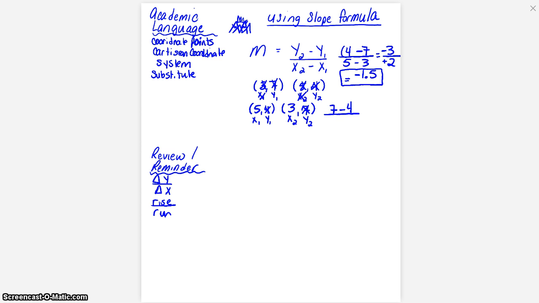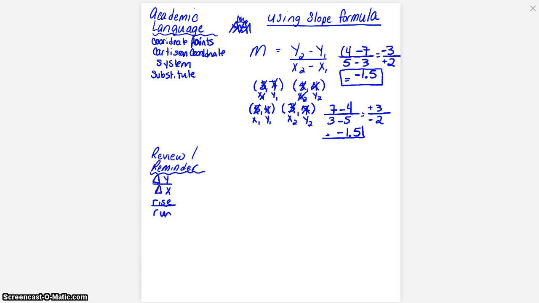Over, and this time since I started with 7, my y2, I need to start on the denominator with 3, my x2, over 3 minus 5. All right, this time I get 7 minus 4 is positive 3, but 3 minus 5 on the denominator is negative 2. So it's kind of the opposite of what happened on the numerator, but if I use my calculator and I divide a positive 3 by a negative 2, I still get negative 1.5.